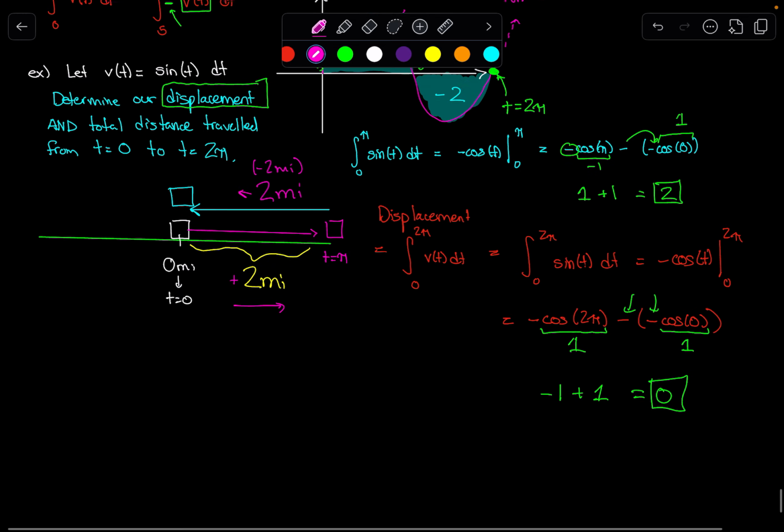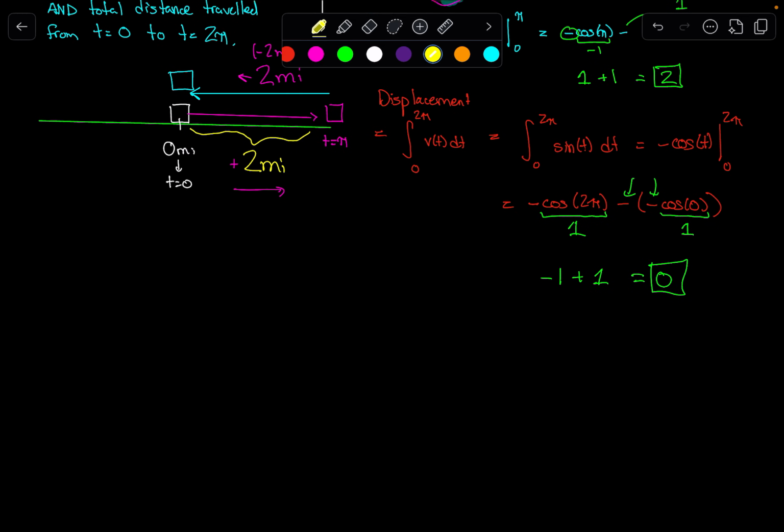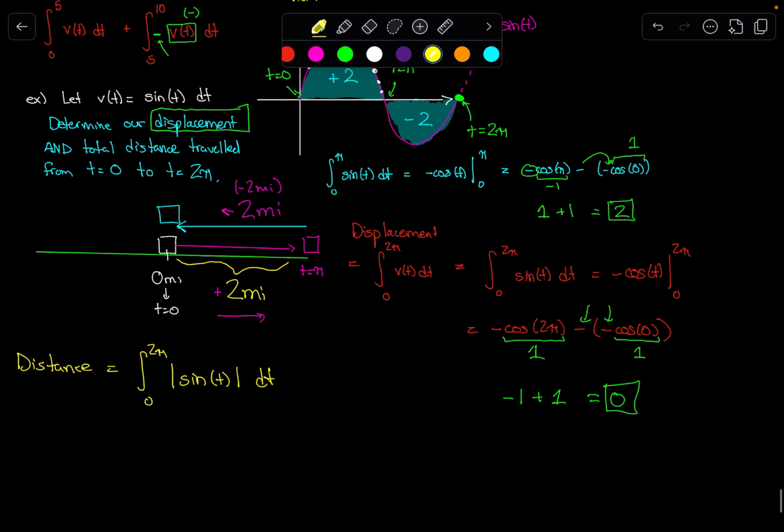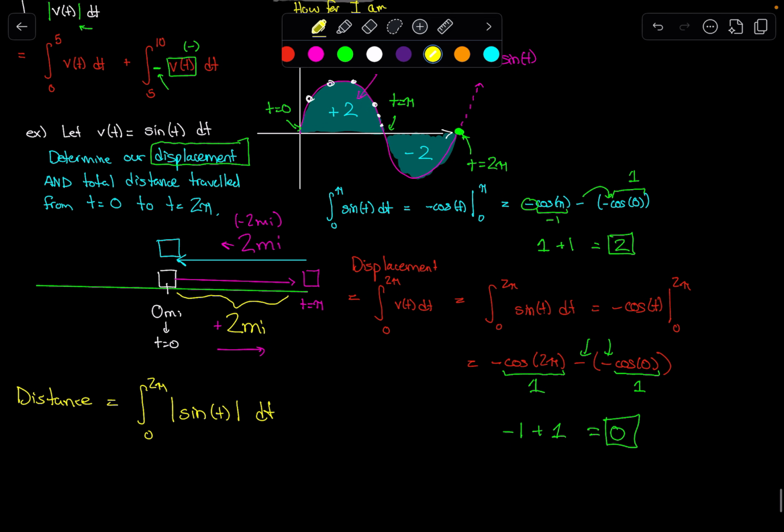And so if we remember the formula that we just came up with, which is that total distance requires all of our movement to be positive, distance is going to be our integral from 0 to 2 pi of the absolute value of sine of t dt. And the way that we do this, maybe I'll zoom out a bit so we can see the picture while we're doing this, is we need to split this up, right?